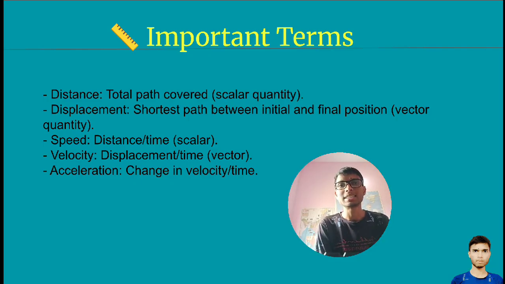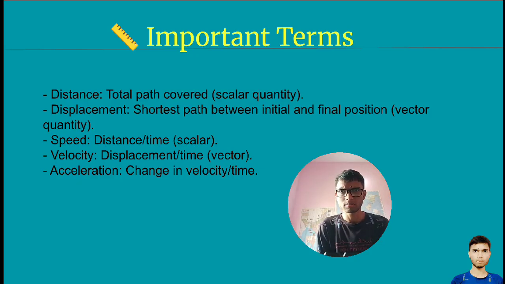Speed is not fixed. Sometimes it has a speed of 20 meter per second, sometimes 50 meter per second. So that is the meaning of acceleration. Here we are observing that there is a change in speed, a change in velocity. Clear?